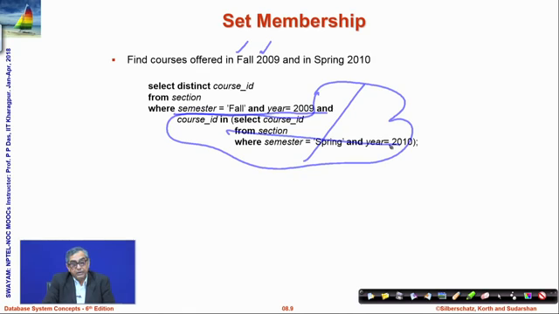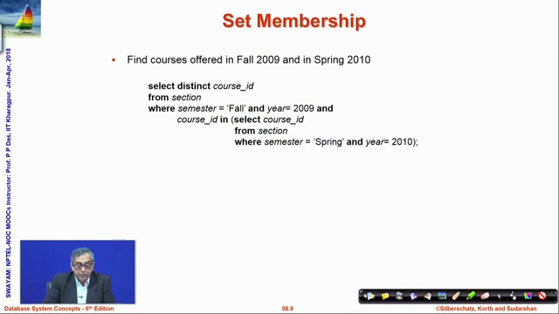But we want the courses that are in fall 2009 and in spring 2010. So, we do something interesting. We write a separate query here, which is courses that are offered in spring 2010. Select course ID in the same way, from section, with semester and year. So, this particular query will give me the courses offered in spring 2010.